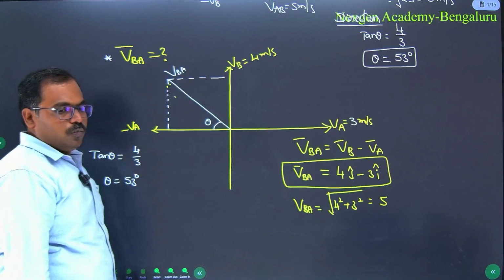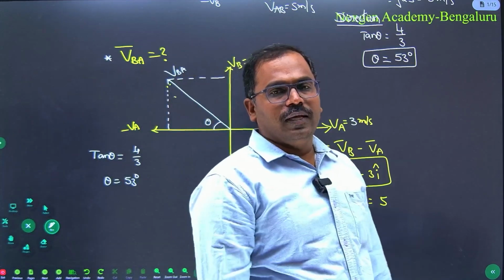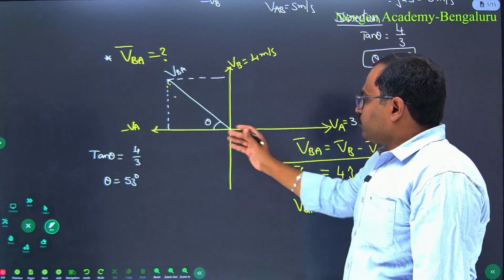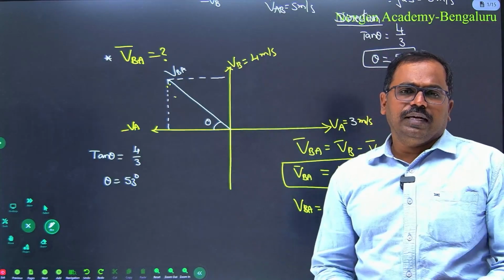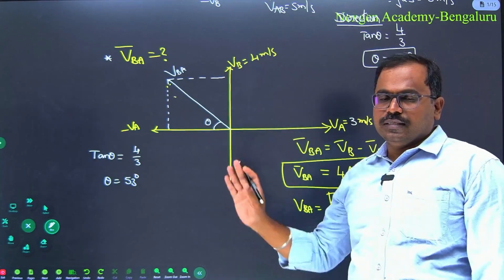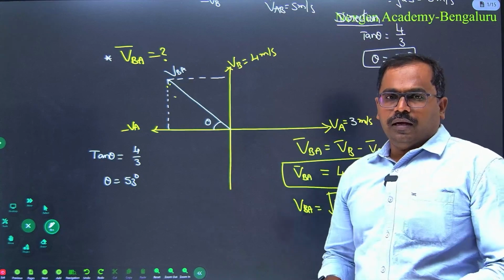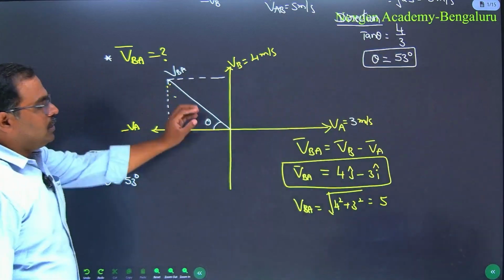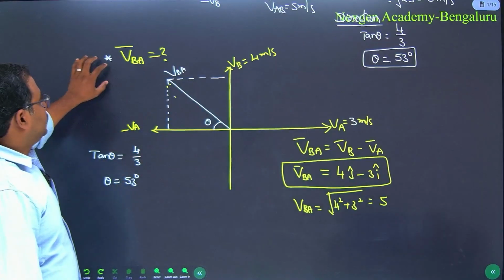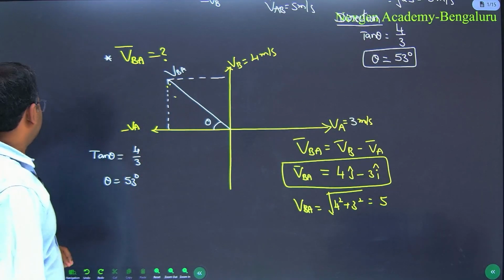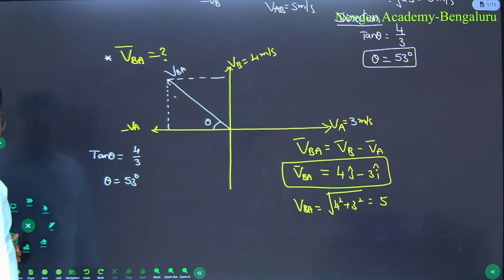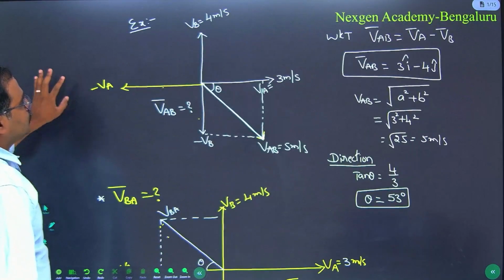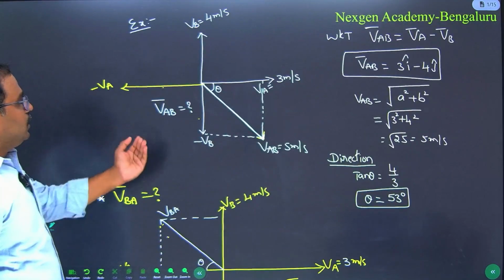As we know, tan 53 is equal to 4 by 3 and tan 37 is equal to what? 3 by 4. These are the standard values we must remember to solve this kind of questions. Now, relative velocity in two dimensions we have seen here. The first one is, look at this, VAB we found.